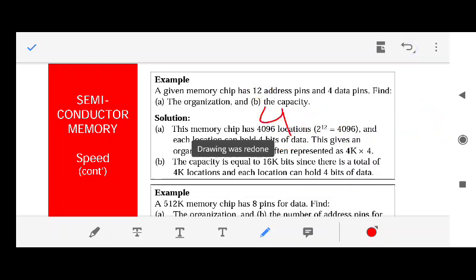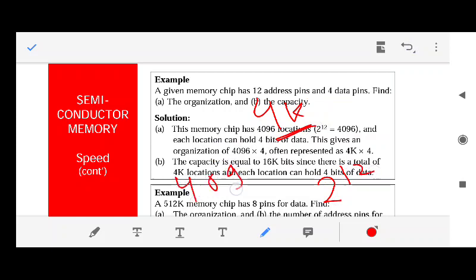Now it is asking what the capacity of this memory is in terms of bits. It's very easy. You have a space of 4 kilo, which means 2 to the power 12, or 4096 spaces, and each space is 4 bits long.